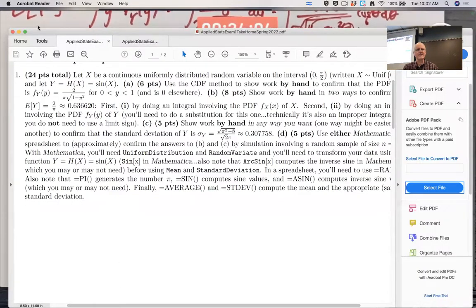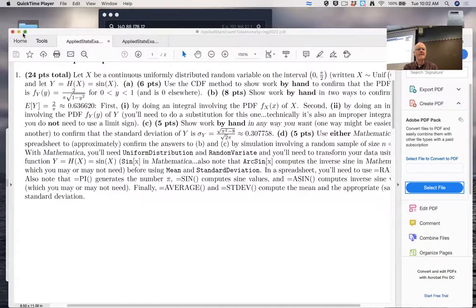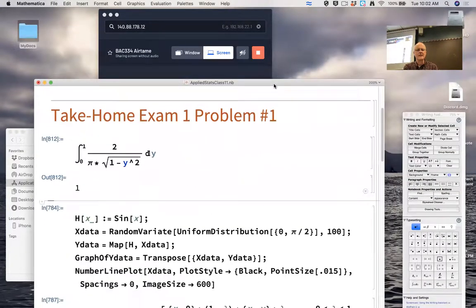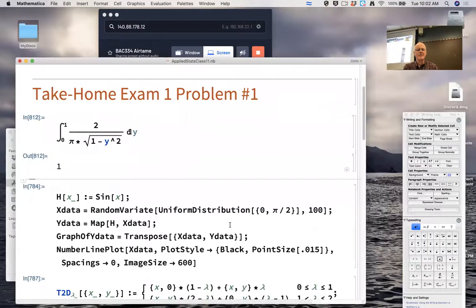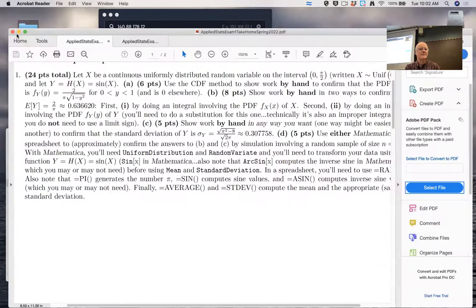Then you simulate it. So let's look at Mathematica now. I'm using random variate to do the simulation. Did I say 100 data points? Sample size 100.